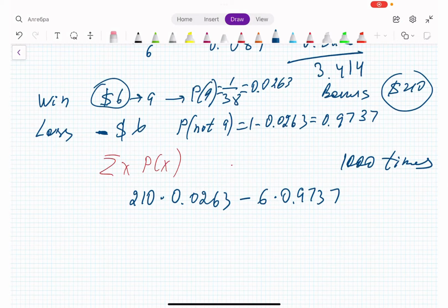The word problem is solved like this, but I have a little bit of disagreement with this, because when you win $210, in this $210 you still paid this $6. Realistically, it's going to be 210 minus the $6 that you paid to win. So it should be 210 minus 6, I would say, right?